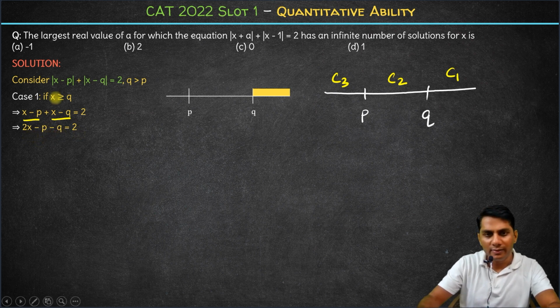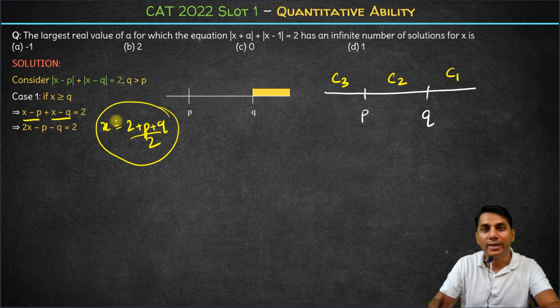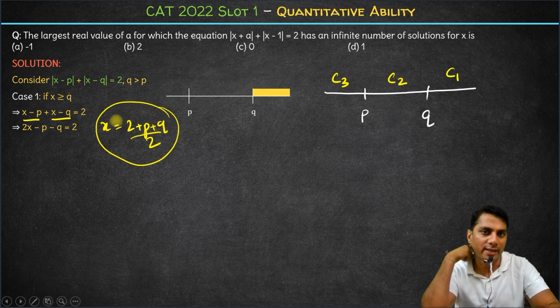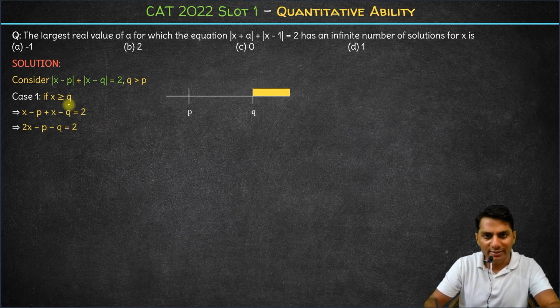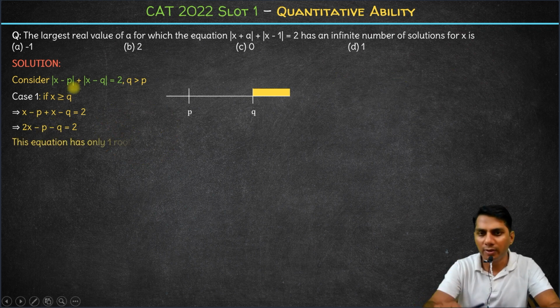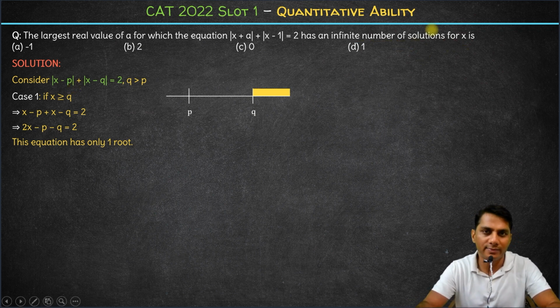So from here we'll get x = (2 + p + q)/2. Now since p and q are constants, we get only one possible value of x. So we get only one root.